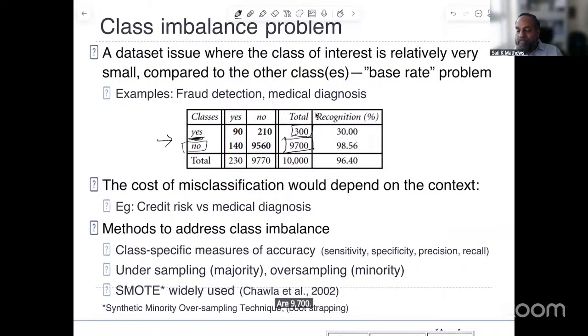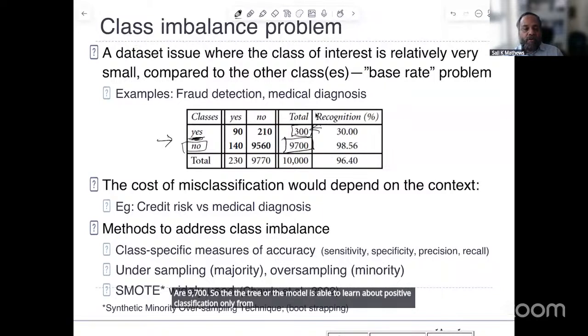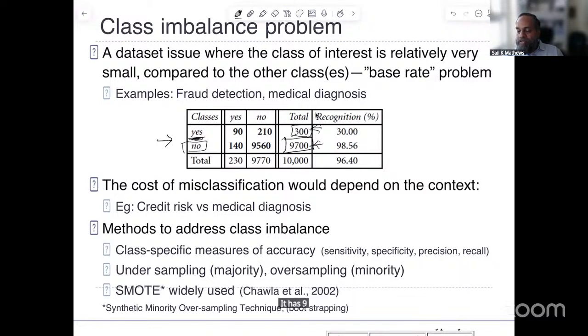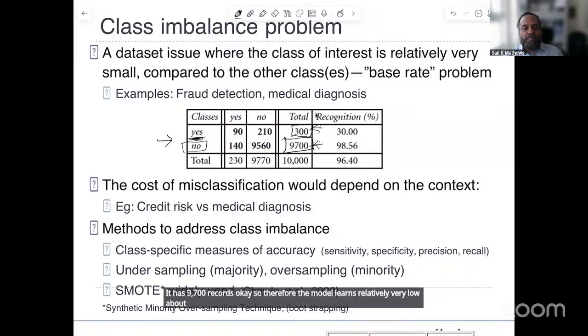So the tree or the model is able to learn about positive classification only from 300 records. Whereas to learn the negative class, it has 9,700 records. Therefore the model learns relatively very little about positive classification as compared to negative classification.